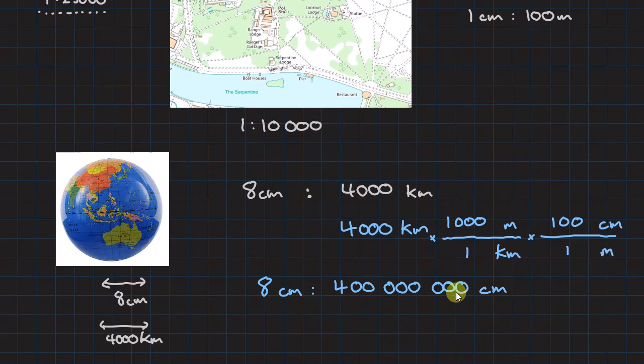I'm now looking at numbers that I can divide. I can divide by 4. So this is a ratio of 8 to 400 million. Notice the units are no longer needed. They can be cancelled. Cancel the units at that point, and we divide by 4.